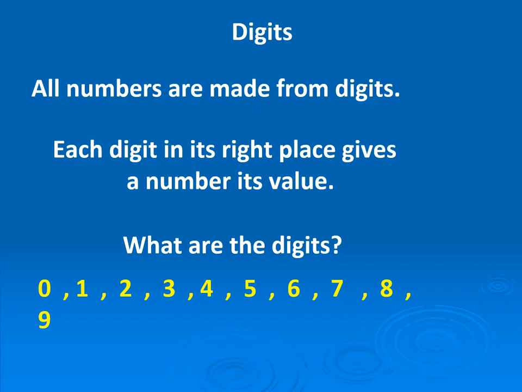Each digit in its right place gives a number its value. Then what are these digits? These digits are either 0, 1, 2, 3, 4, 5, 6, 7, 8 or 9.